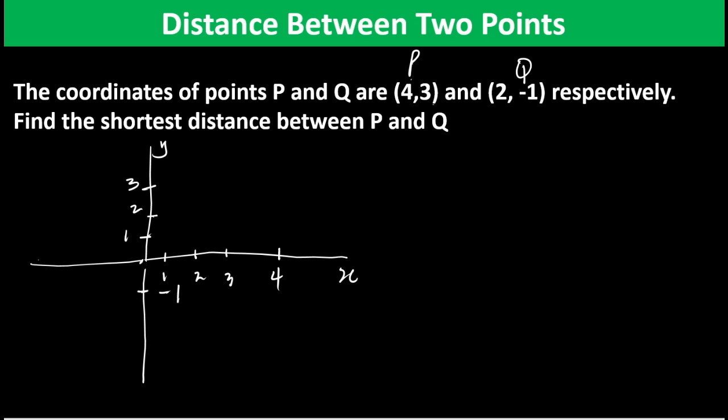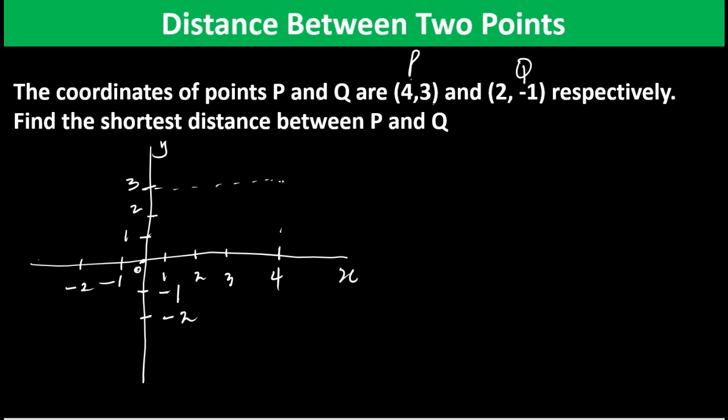This is minus 1. Obviously, this is general 0. Here is minus 1 on the x-axis, minus 2 on the x-axis. Let's say this is minus 2 also on the y-axis. So the first point P is at 4 and 3. 4 on the x-axis and 3 on the y-axis.